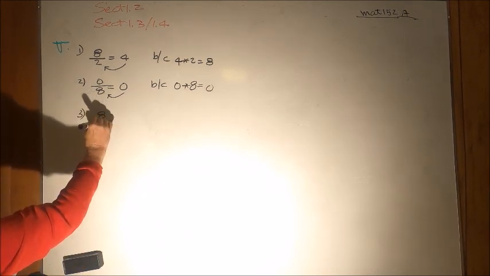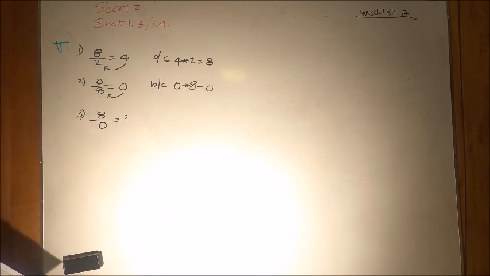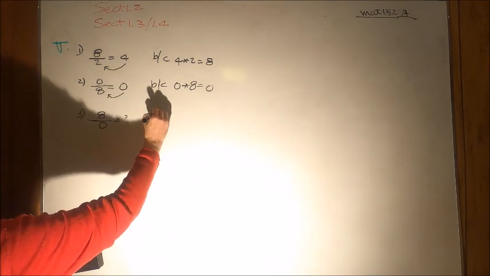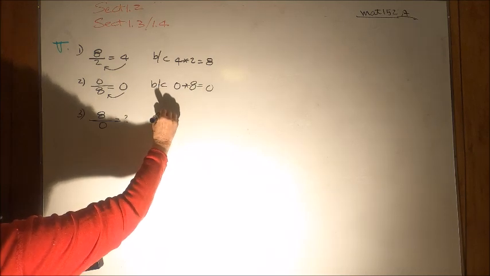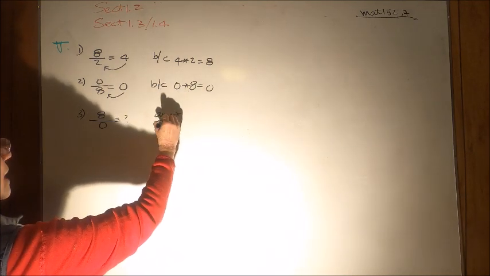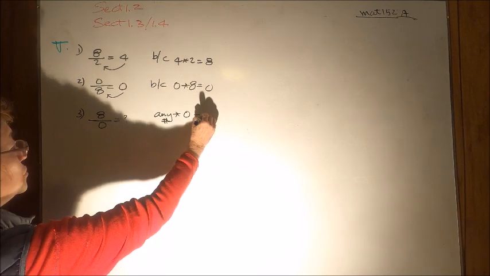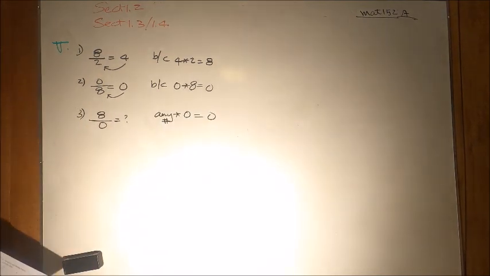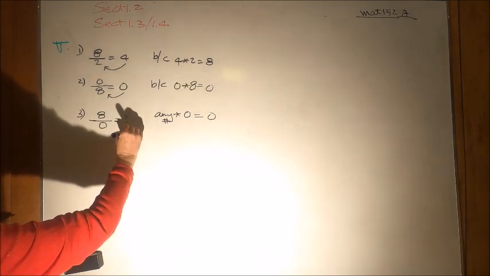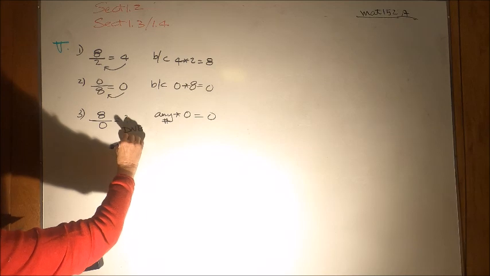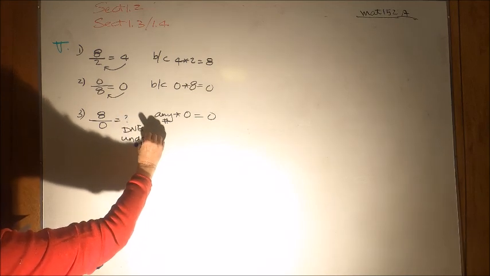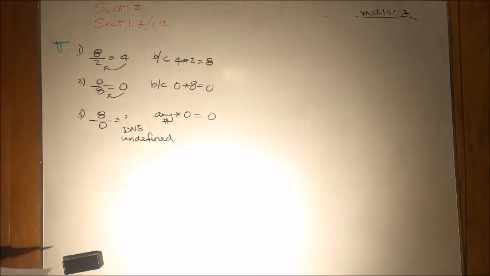Next one, 8 divided by 0. What do you think? Any number divided by 0 would be 0? We never get back to 8, right? So it doesn't work. So we say it doesn't exist or is undefined. It's not possible.